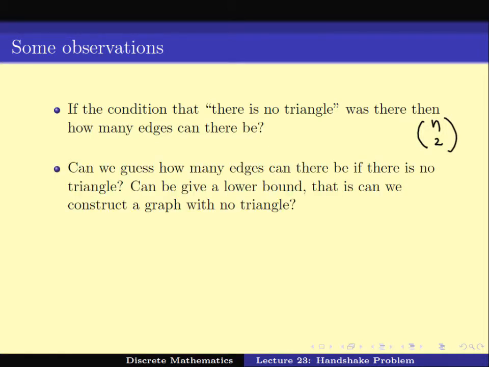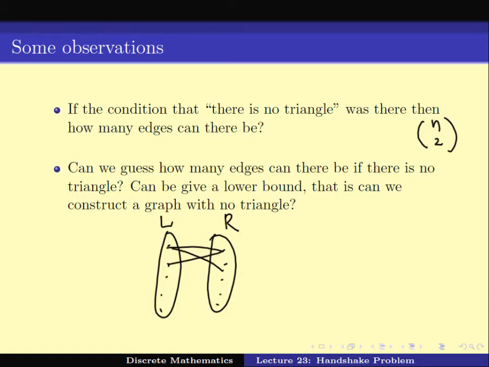Now, if I have to guess what is the maximum number that can be, I have to first try out some examples of graphs where there are no triangles, but they have a high number of edges. As we looked at last time, we saw a bipartite graph where I partition the set of vertices into two parts, L and R, both of them having n vertices each, and between them I join any two of them.